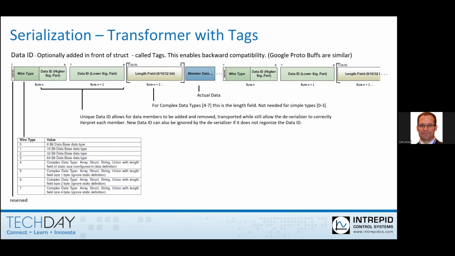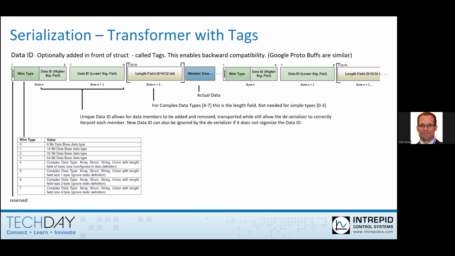The transformer with tags is longer, but it makes the software versioning and the structure of the communication loosely coupled, so that you don't have to be so strenuous with updating all the software and all the communication in the entire network. You can just update one, and any fields that the ECU doesn't recognize, it can just ignore based on the tag.